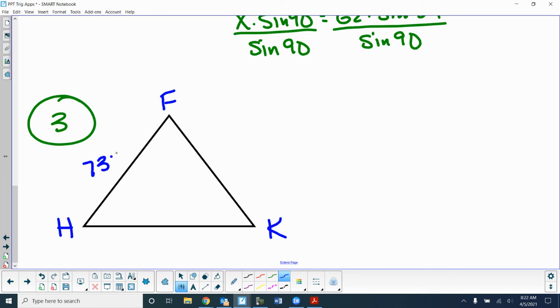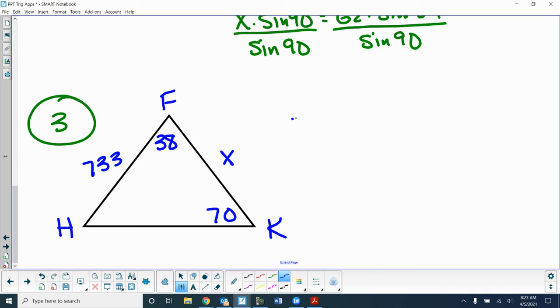So this is 733. The angle at the flea market up here is 38. And the angle at the kitchen is 70. How far is it from the flea market to the kitchen? So we're looking for this. Okay? So I've got an angle and an opposite side.